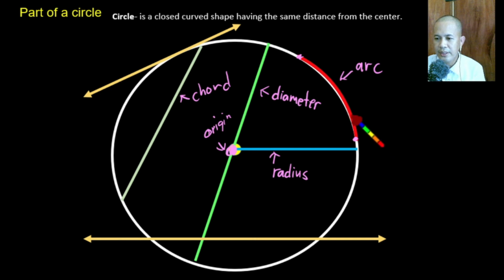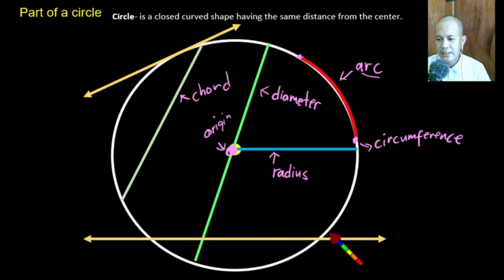What is circumference? That's the total distance around a circle. That is circumference, from here going back here. So that is the circumference. Part of it is called an arc.